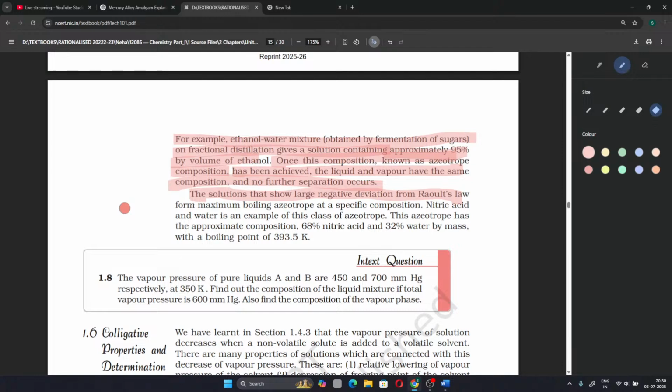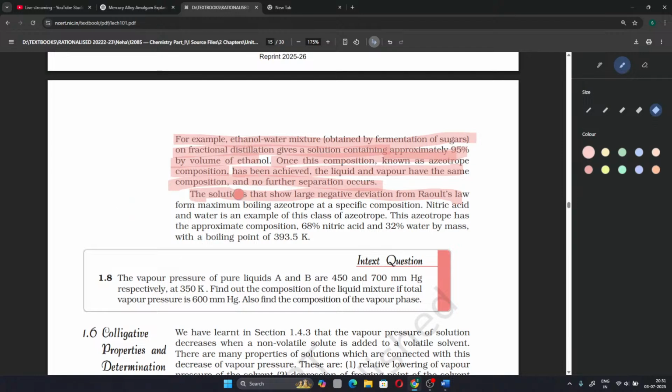But when the ethanol reaches 95% by volume concentration in water, it is not possible to separate them by fractional distillation because they become an azeotrope, and azeotropes have a constant, same boiling point. In such a case, they cannot get separated.